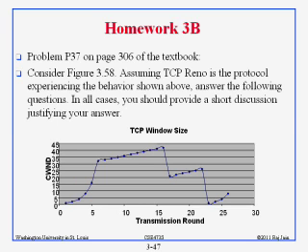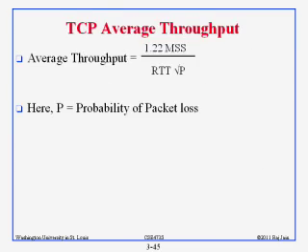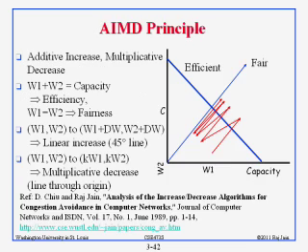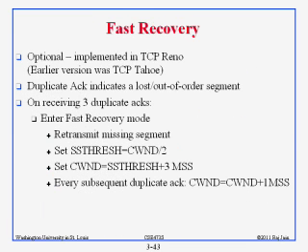You increase by 1 for each ACK, which is 1 upon CWND. So for every duplicate ACK, CWND equals CWND plus 1. I have to check why it says duplicate here, but the summary is that in fast recovery, you don't go down to 1, you go down to half, and then you go to the linear phase.